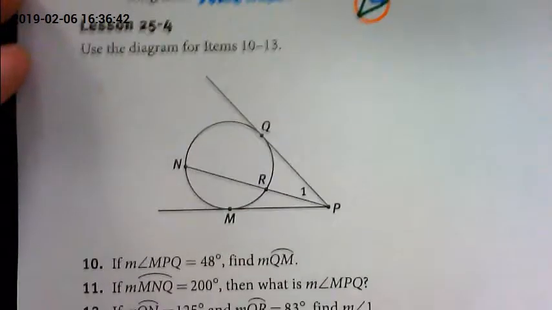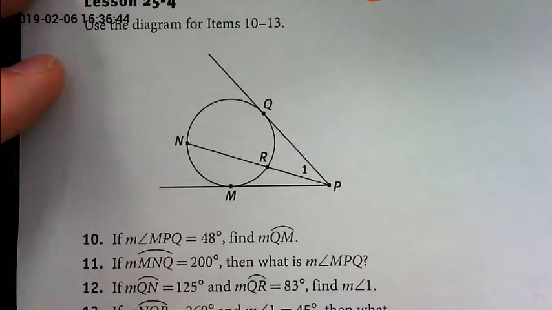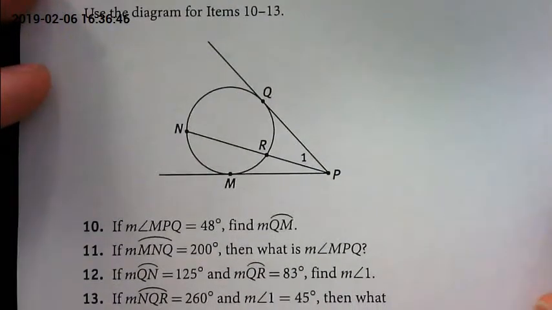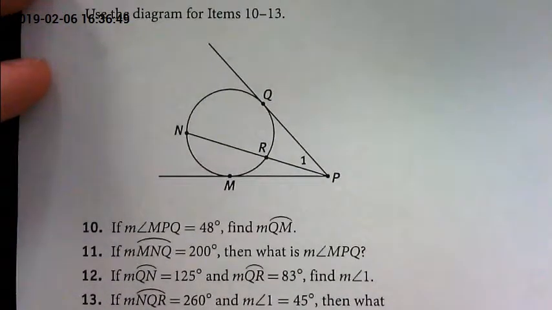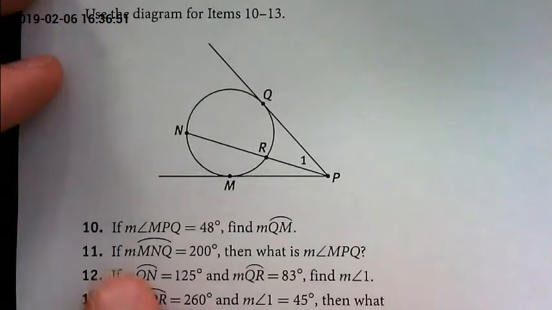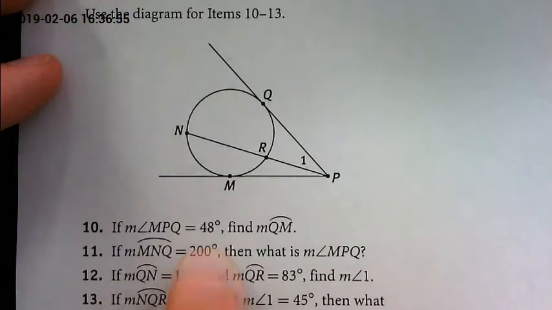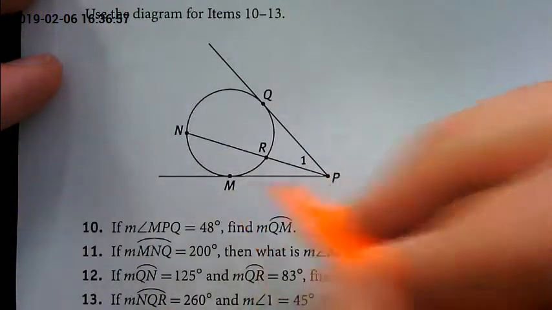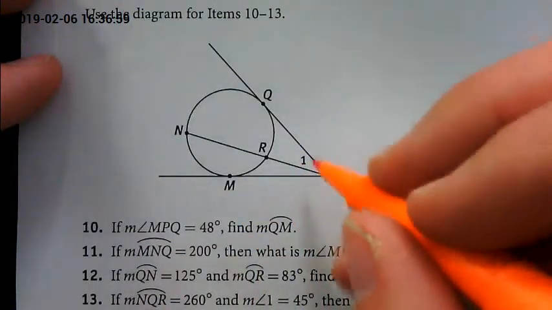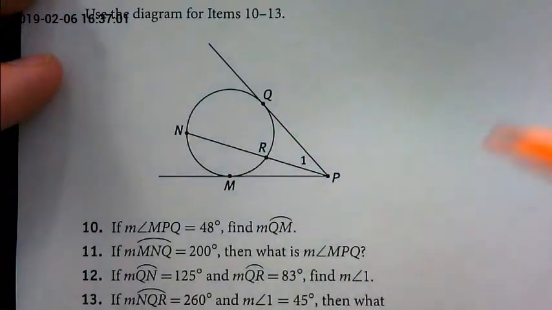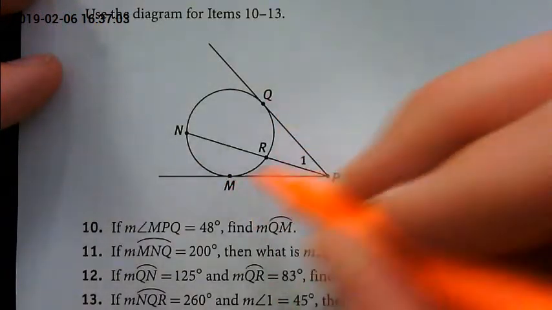All right. Number 10. 10 through 13. So, on this one, if the measure of angle MPQ is 48, so, MPQ, if that whole thing is 48, find QM.